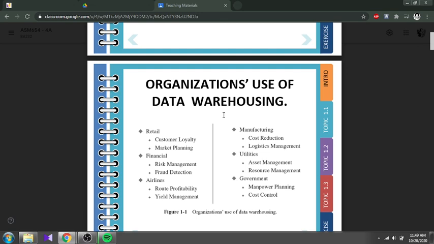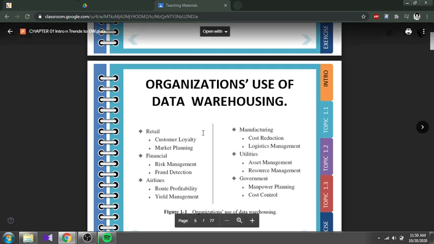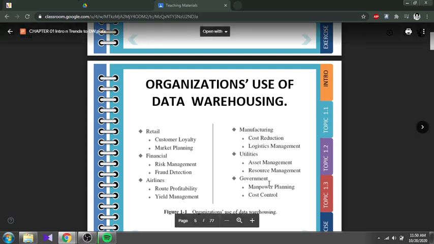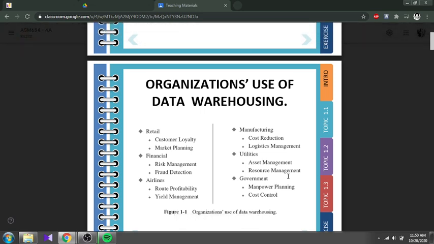If you have this opportunity, yes, there's also financial, in banking, and airlines, which are different sectors. And now I am in the government sector, on manpower planning and cost control.